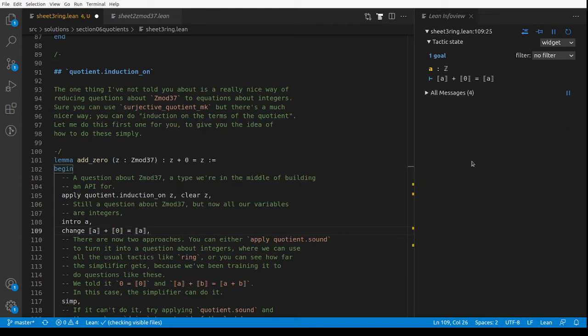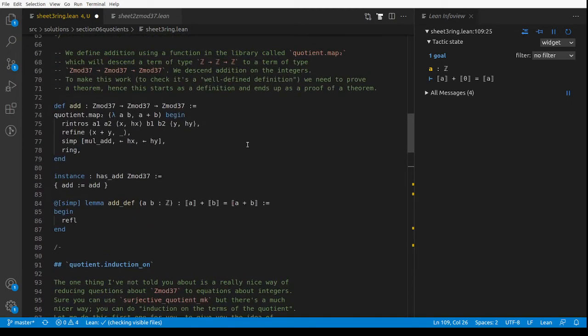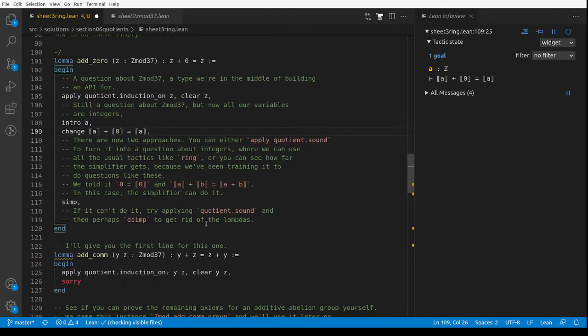You see that's true by definition. And this a plus 0, remember this add def here is also true by definition, right? Quotient a plus quotient b is quotient a plus b. So we could even do this, right? We could do change a plus 0 like that. Yeah, that's also true by definition.